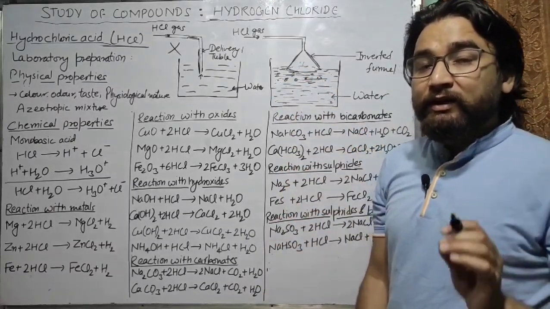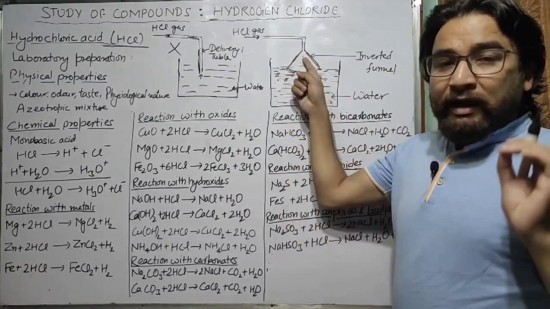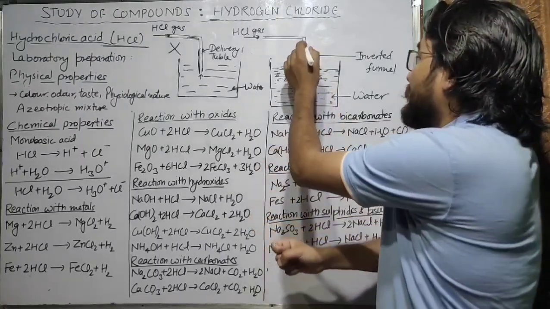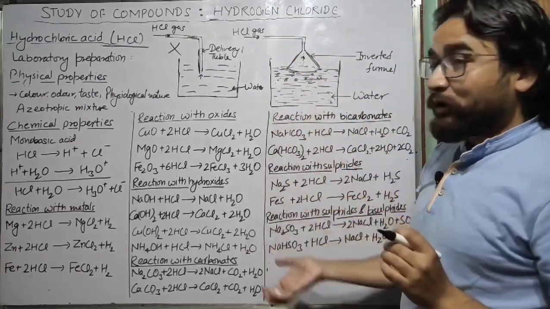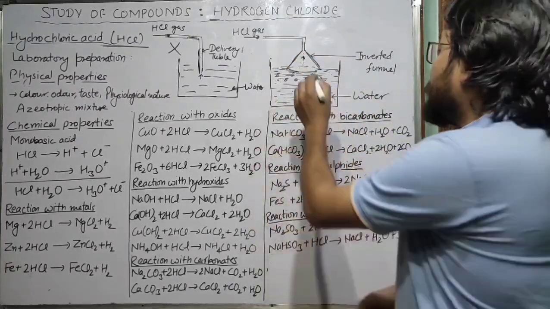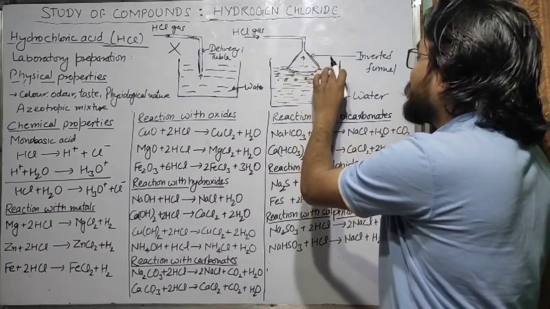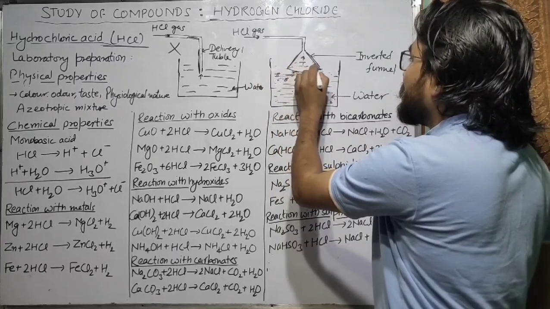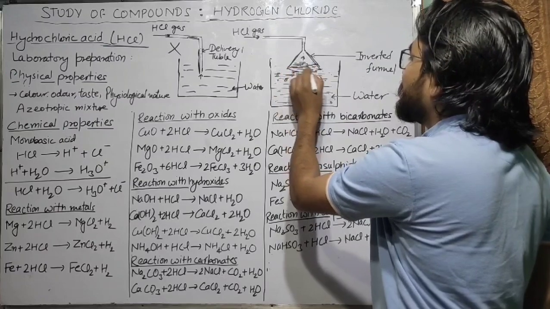Now again there will be a back suction, because the hydrogen chloride gas will be absorbed by water, so there will be a partial vacuum and due to this there will be back suction. So the water will move upwards in the inverted funnel. Let us assume the water has moved into the funnel, so there will be some rise in the level of water in the funnel.